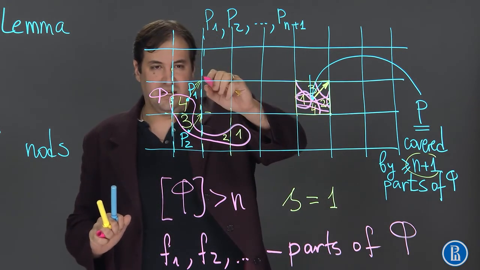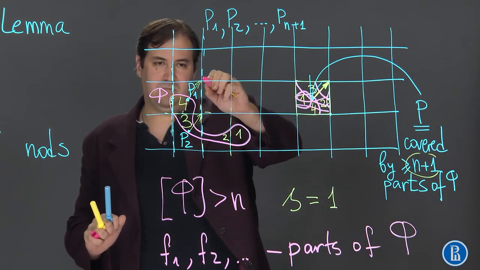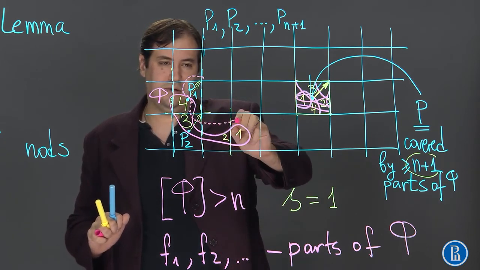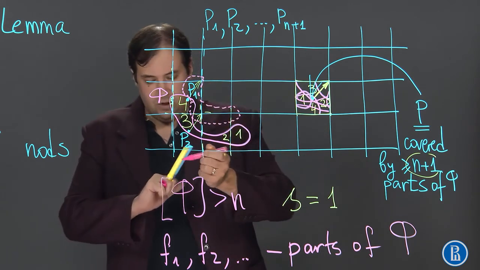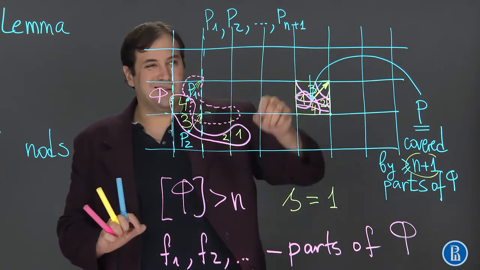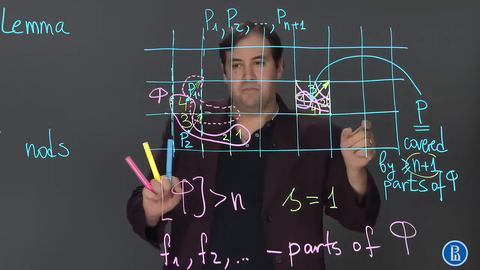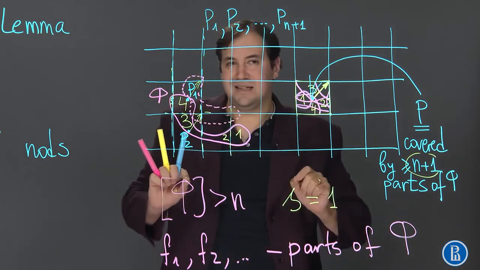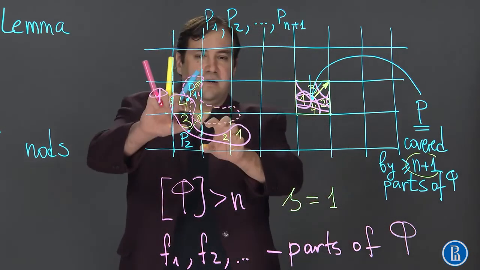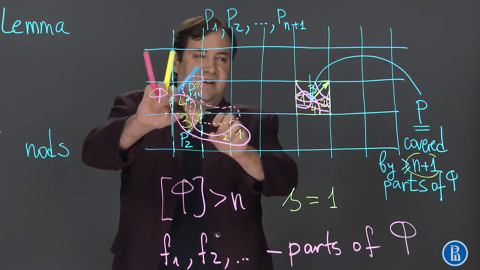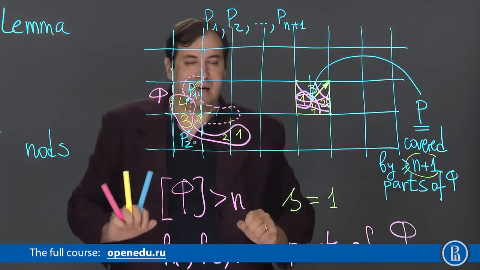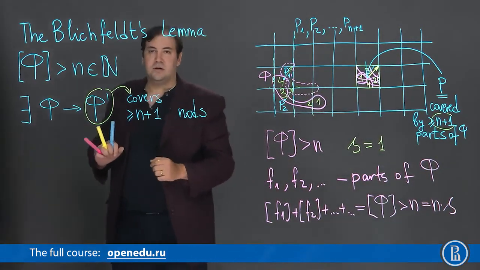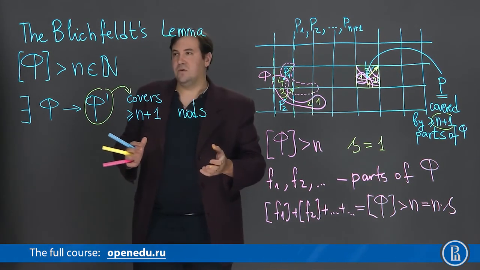So here it will look something like this. All these points that corresponded to P after shifting coincide with some integer points. So the figure, when shifted by this vector, will cover n plus 1 integer points or n plus 1 nodes. So this finishes the proof of Blichfeldt's lemma.